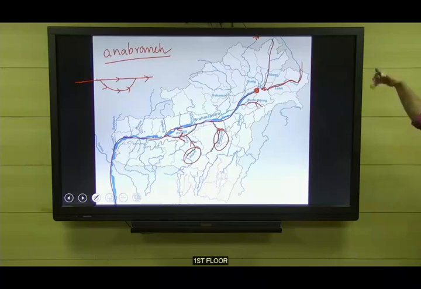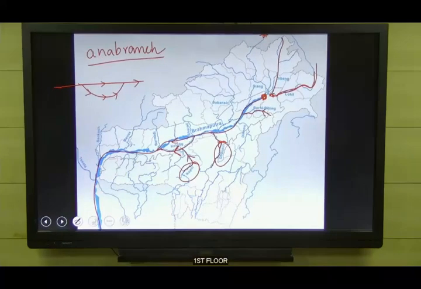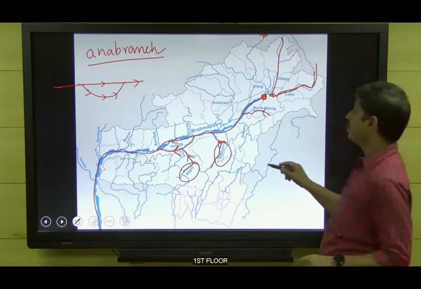So we will check the northern side, which are the right bank tributaries. Subansri you can see here.